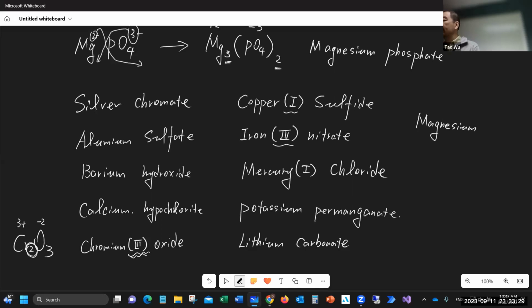It's a nitride, with an ide ending. And the next one is sodium hydrogen phosphate, which is shown in the polyatomic anions.